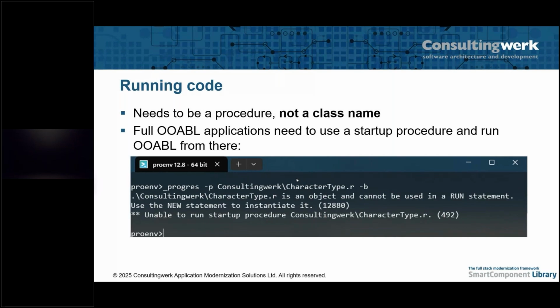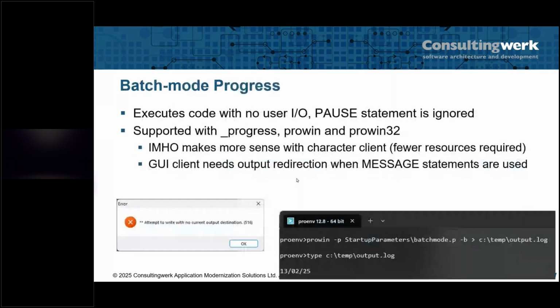If you try to run the R code of a class with the -p parameter, you get an error message saying, well, you cannot use an object or a class with a RUN statement, so you need to use a USE statement. And yeah, really that's just a very long way to tell you, hey, I'm not able to run objects directly. I also need a single procedure.